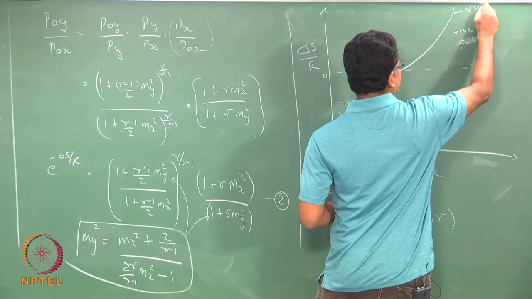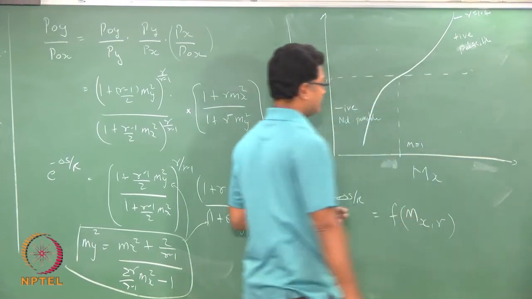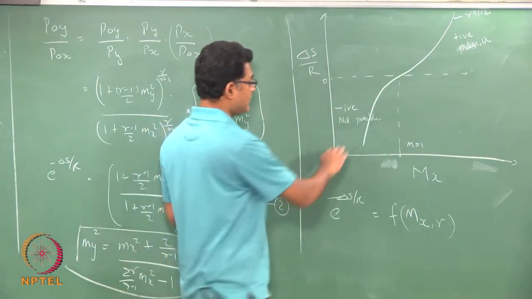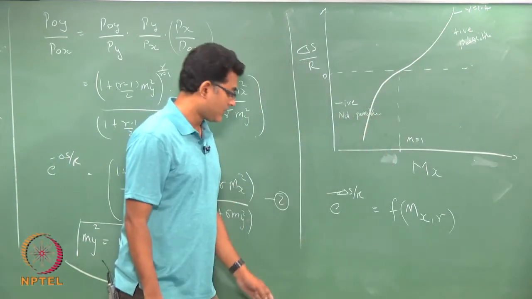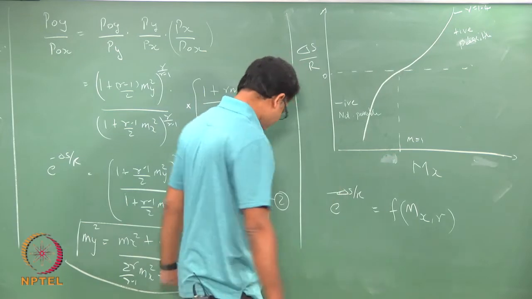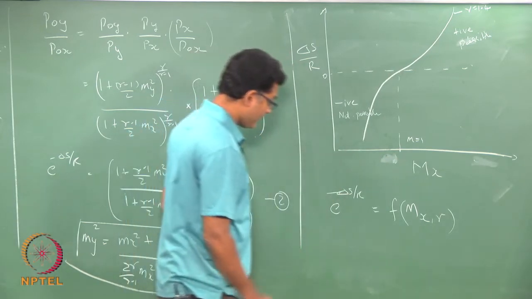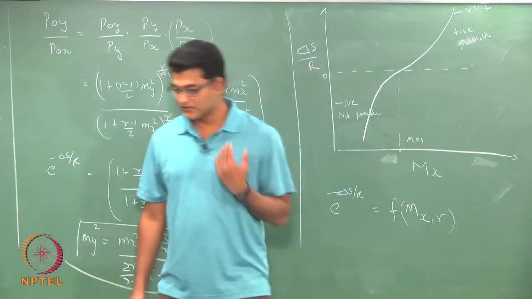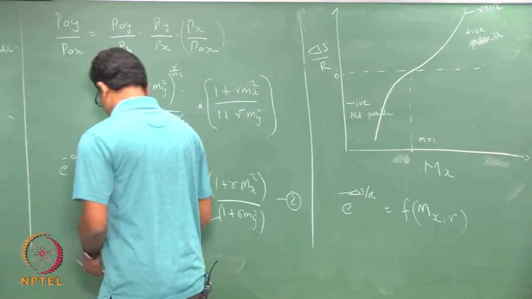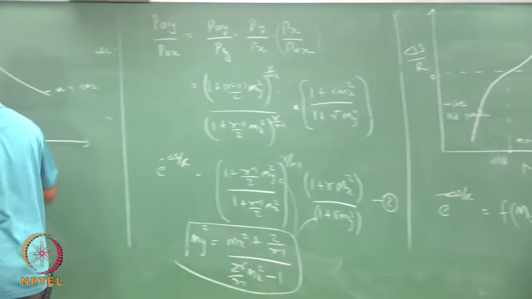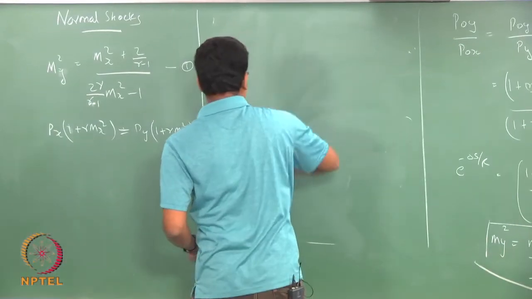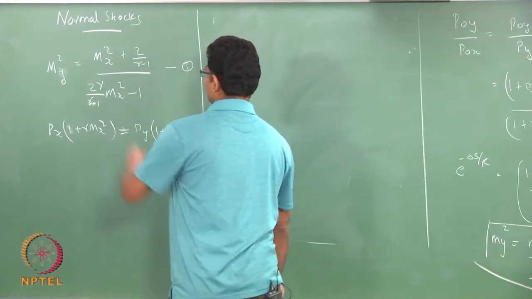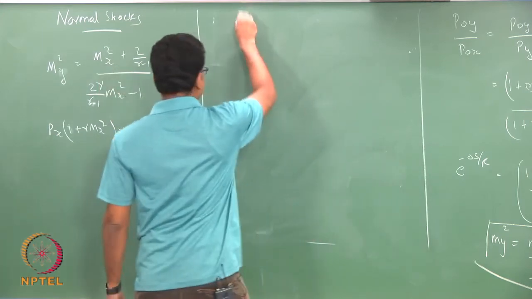So let us say gamma equals 1.4 or so. Okay. For other gamma you will have a slightly different curve. Now, if we have decided that this is true, the subsonic shocks are not possible. Now, we can go ahead and draw the variation of mx and my.